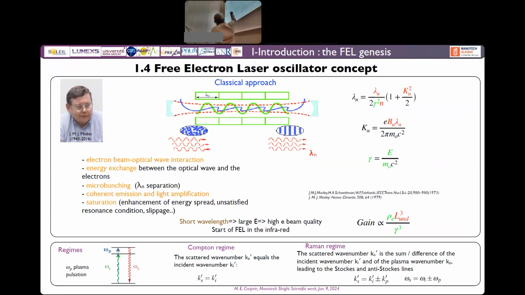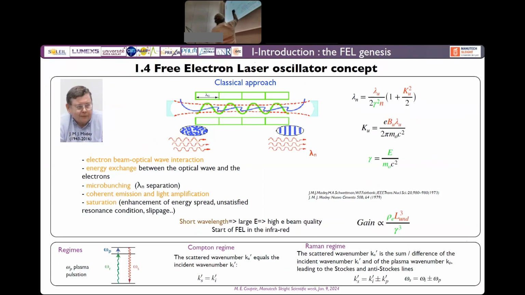Some electrons gain energy to the detriment of the optical wave. The optical wave can be the stored synchrotron radiation in the cavity. So some electrons gain energy, some electrons lose energy. Then when they progress along the undulator, they get bunched. So we have set in phase the electrons, the emitters, and then we can produce coherent emission.